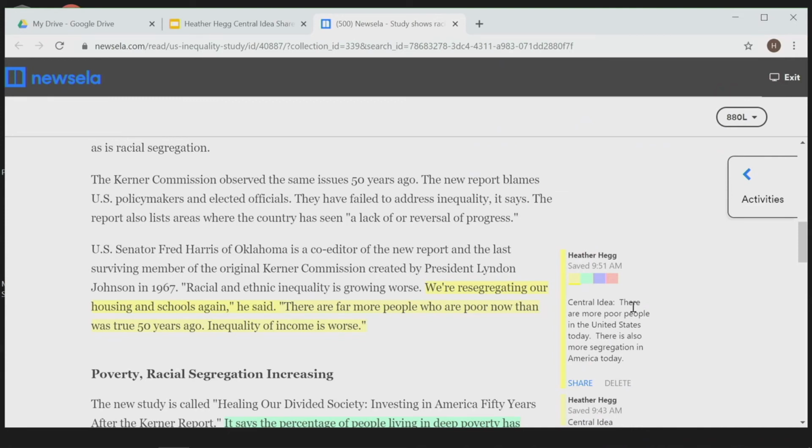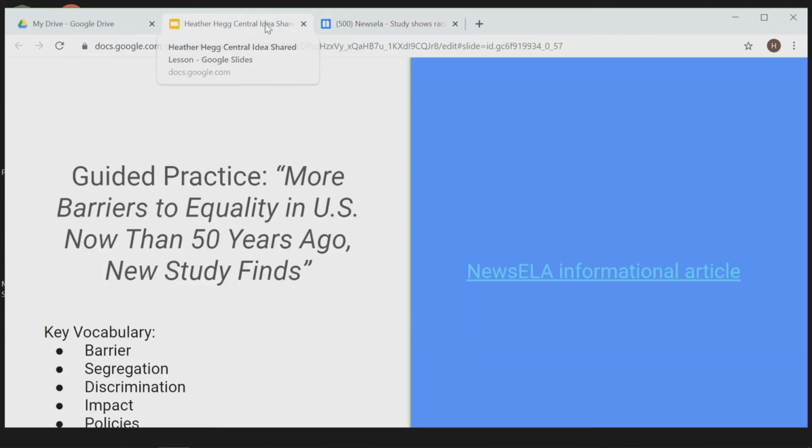If I wanted to make that one sentence, I could say there are more poor people and more racial segregation in the United States today than in before. There we go. All right, so let's leave that there for now.